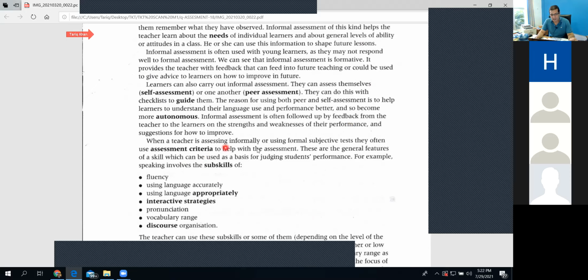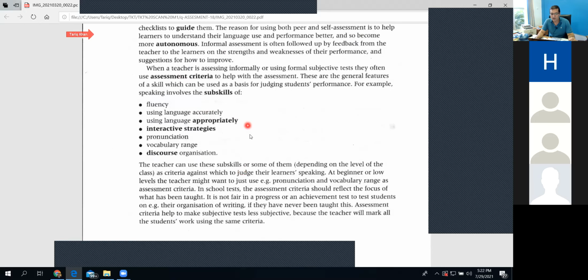When a teacher is assessing informally or using formal subjective tests, they often use assessment criteria to help with the assessment. These are the general features of skills which can be used as a basis for judging students' performance. For example, speaking involves sub-skills. Whatever sub-skills we are going to check in an assessment, there is a criteria for it.